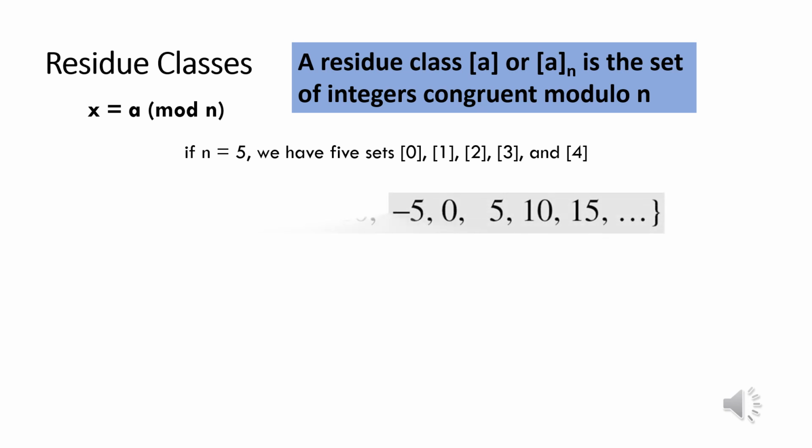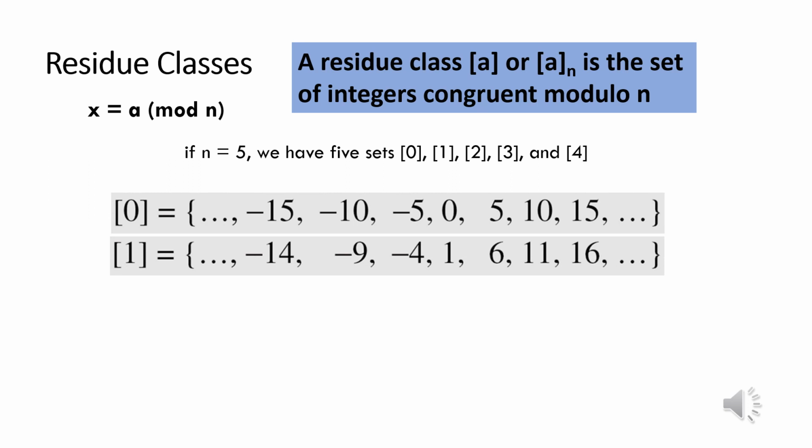The integers in the set [0] are all reduced to 0 when we apply the modulo 5 operation on them. The integers in the set [1] are all reduced to 1 when we apply the modulo 5 operation, and so on.